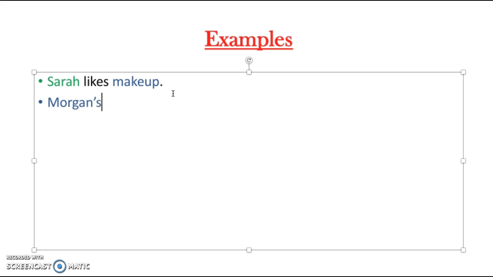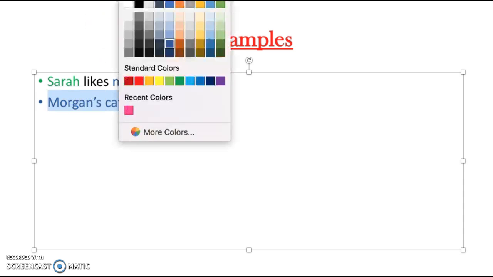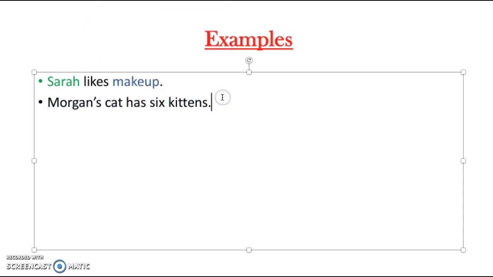So then just one more example could be Morgan's cat has 6 kittens. Okay, so Morgan's cat has 6 kittens.